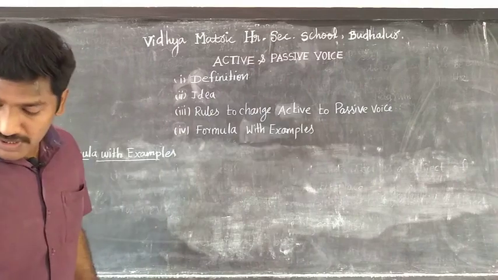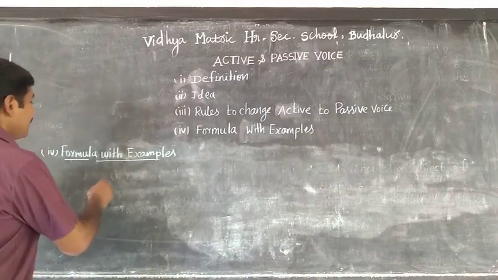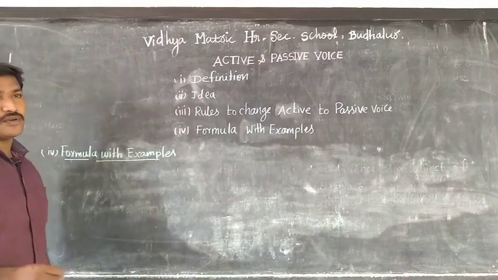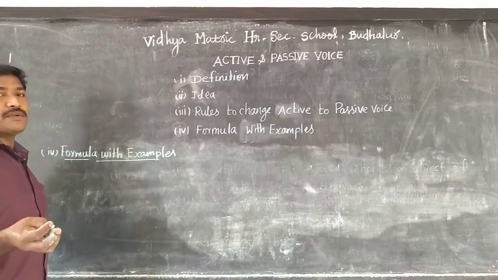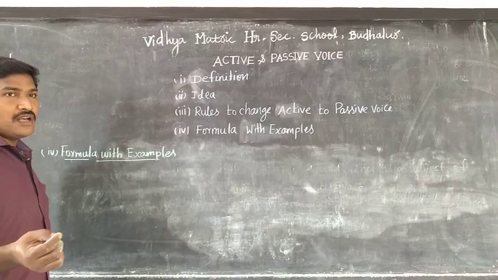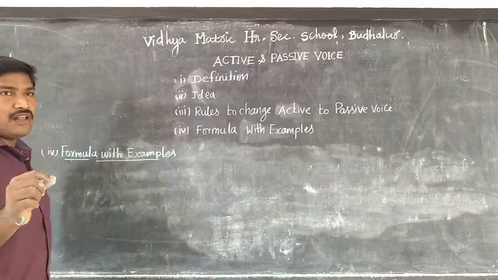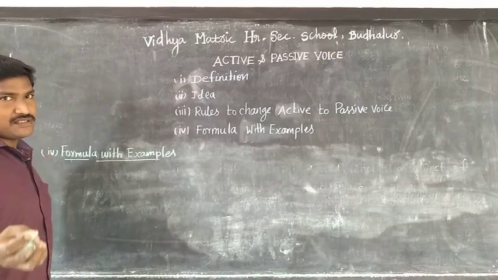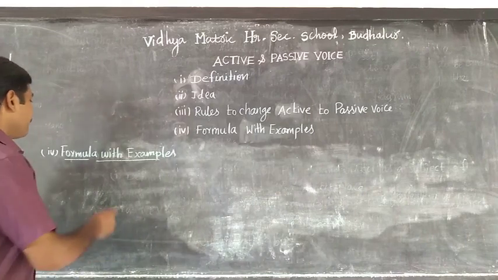So the first formula is for simple sentences, I mean the simple present, simple past and simple future. I give you the single formula for the simple present tense, past tense and future tense.